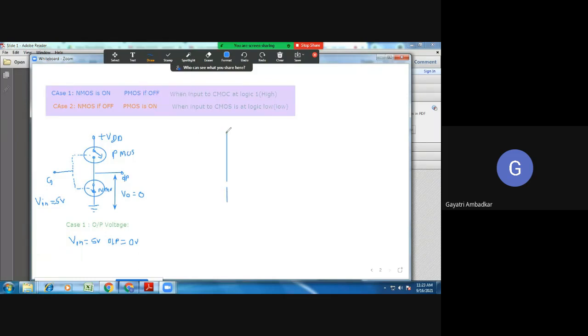So here you have applied VDD. VDD is equal to 5 volt, right? So this is your logic high, remember. And PMOS will be represented by a closed switch. This is your PMOS. And NMOS will be represented by an open switch. This is NMOS.